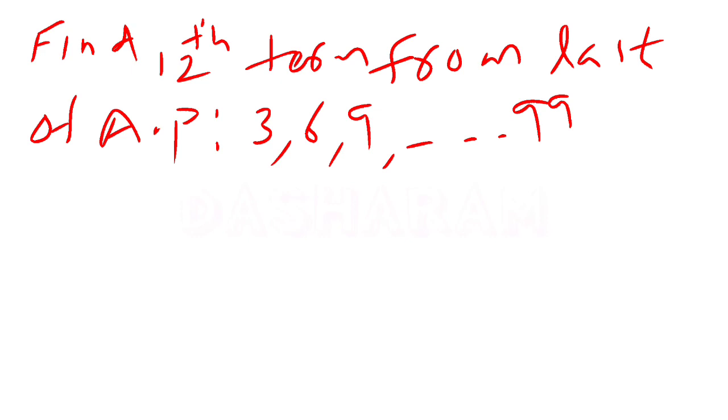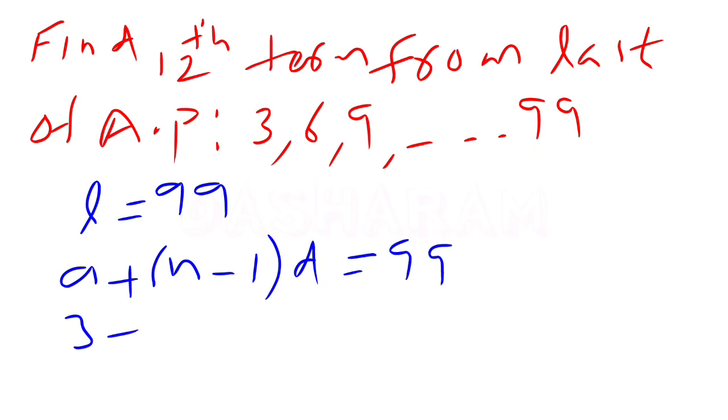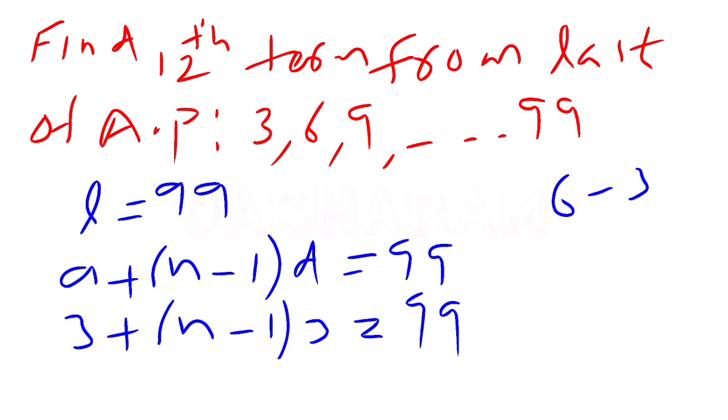But the process is, first I am going to find the number of terms in this AP. To find the number of terms, here the last term equals 99. The last term formula is a plus n minus 1 into d, equals 99. So here the a value is 3, plus n minus 1 into d, where the d value is a2 minus a1, 6 minus 3, which is 3, equals 99.